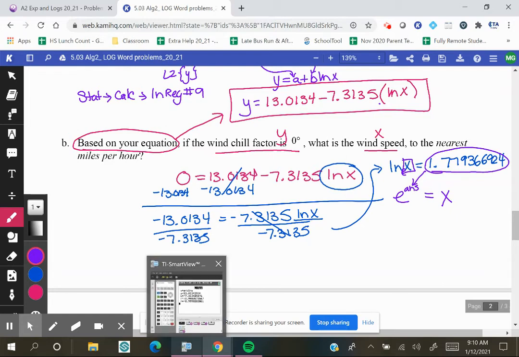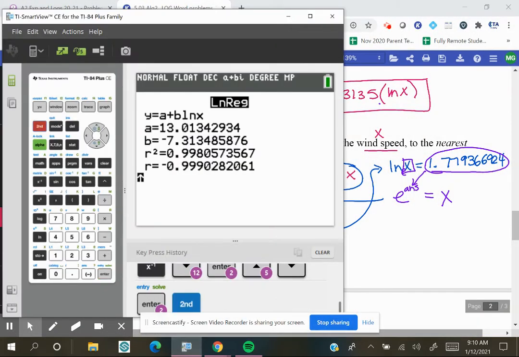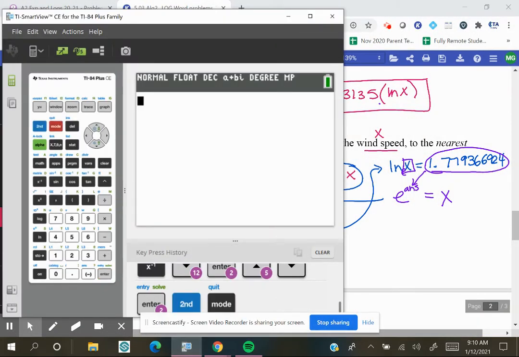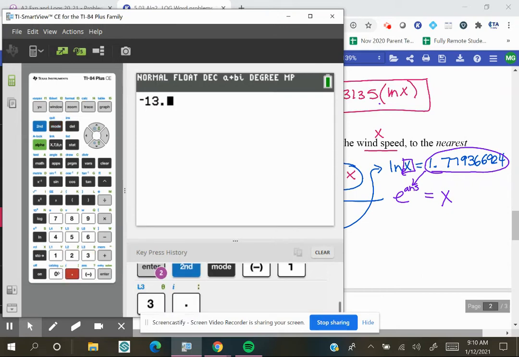So in your calculator, take a moment to do that. Let's see, I had negative 13.0134 divided by negative 7.3135.